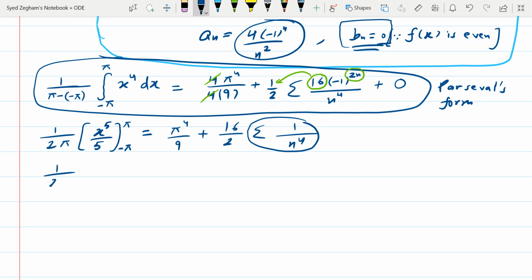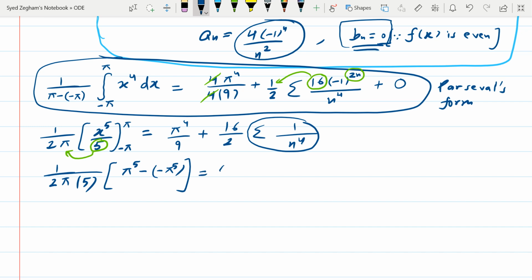So 1 over 2 times pi, and this 5 also is just a constant, you can keep it outside, right? So this will become pi outside, 5 outside, and when you put x equal to pi, this will become pi to the power 5 minus, and when you put x equal to minus pi, this will become minus pi power 5, right?